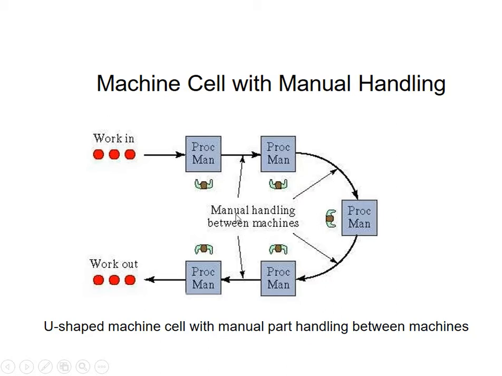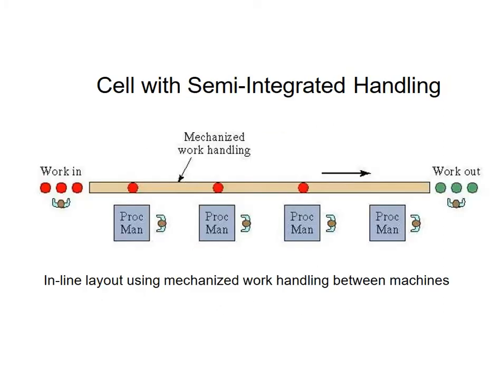In between we have the material handling system, which can transport the particular workpiece from one station to another, and in sequential order, after completing one process, it moves on to the next process. Normally we call this a U-shaped machine cell, with material handling systems arranged in between the manufacturing machines.